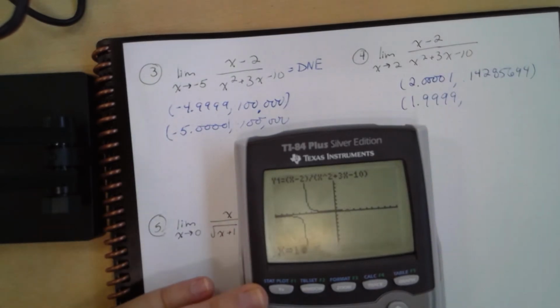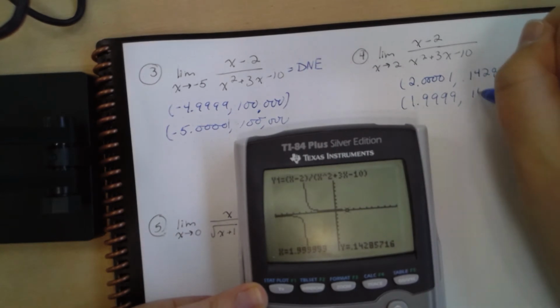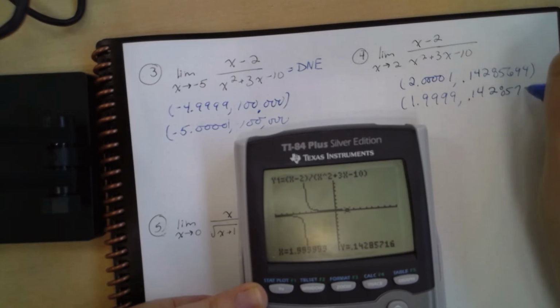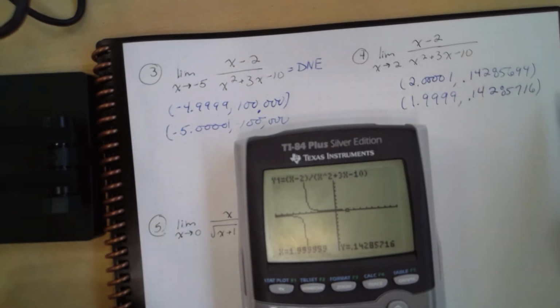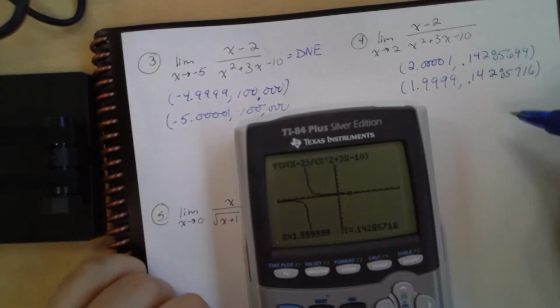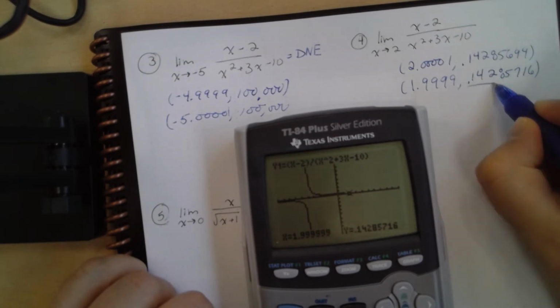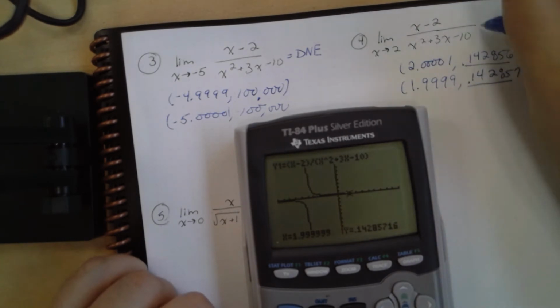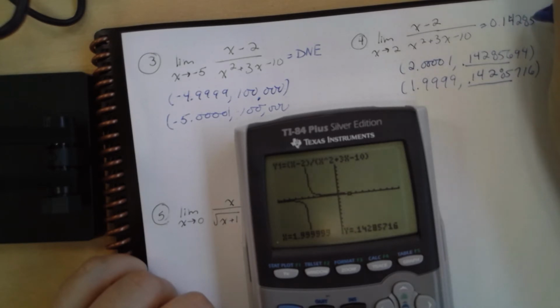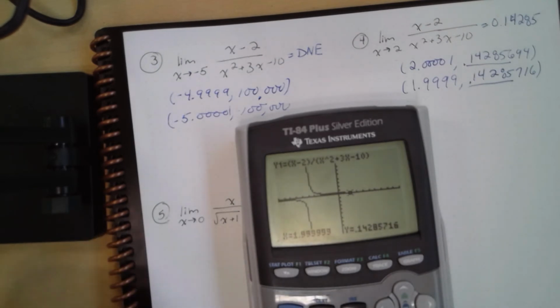Okay, and 1.99999, I get 0.14285716. So as we keep going, these aren't matching up, but really they are getting very close to one another. So it looks like our limit here is going to be that 0.14285. Good? Okay, 3 more examples.